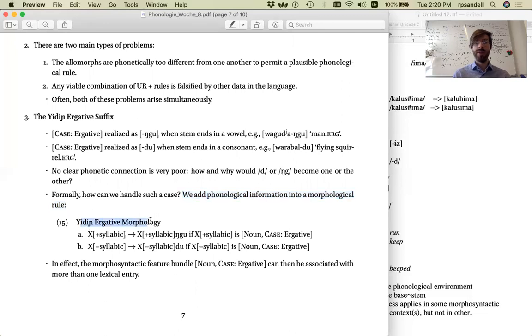So for forming the ergative in Yidin, we might say that there are two rules, not just a single rule generating a single underlying phonological representation, but a rule which says that a suffix ngu is added to a preceding sequence of segments where the last of those segments is plus syllabic, and otherwise add a suffix du if the last of a sequence of segments is minus syllabic.